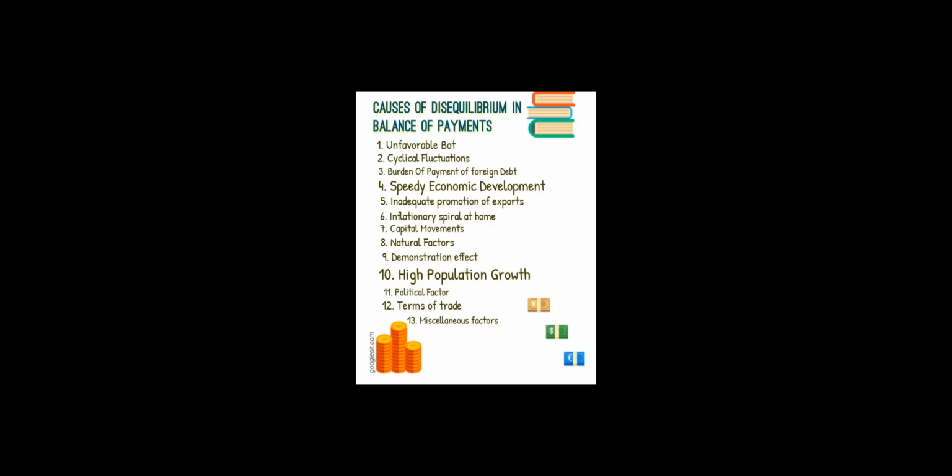A large outflow of capital may be accompanied by a favorable balance of payment. Meaning when there is inflow of capital into a country, it is unfavorable. When there is outflow of capital, it is favorable. So it may affect the balance of payment, and it may become a cause of disequilibrium in the balance of payment, that is capital movement.